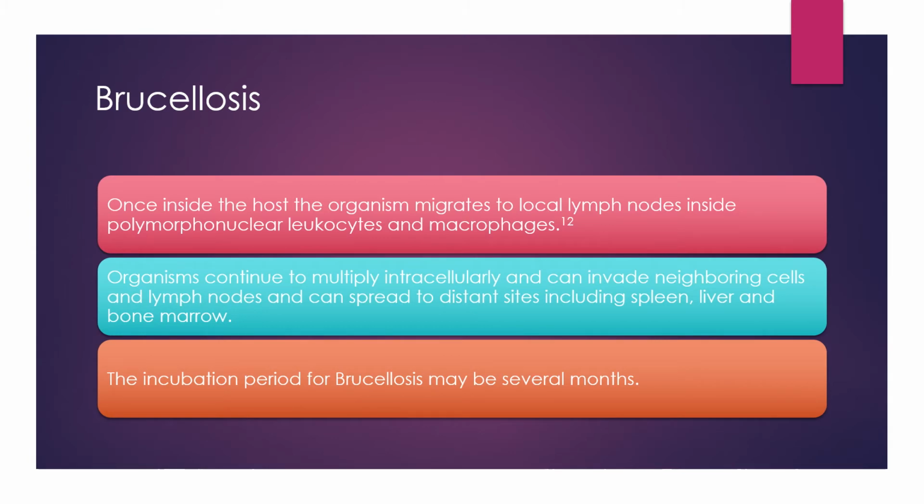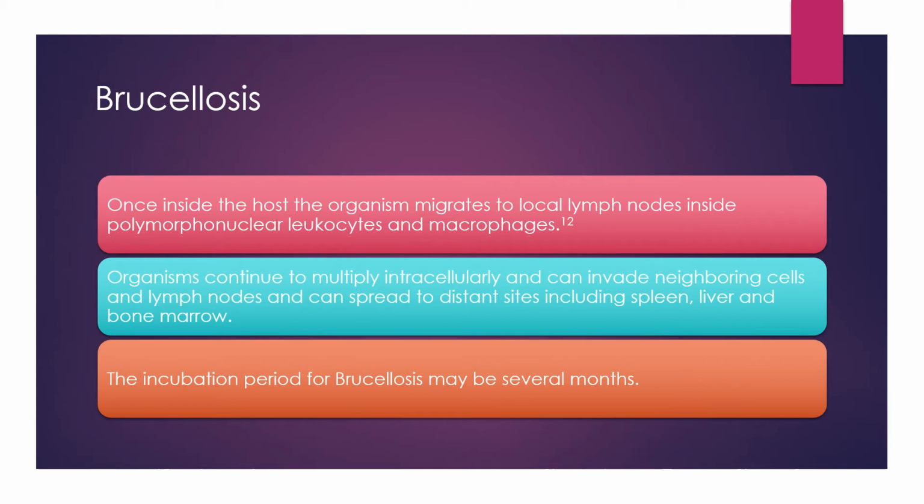So in the host, once the organism is ingested, it migrates to local lymph nodes inside neutrophils and macrophages. It multiplies intracellularly and invades neighboring cells, lymph nodes, and then can spread to distal sites such as the spleen, liver, and bone marrow. And the incubation period is highly variable, but it can take several months to develop overt symptoms.